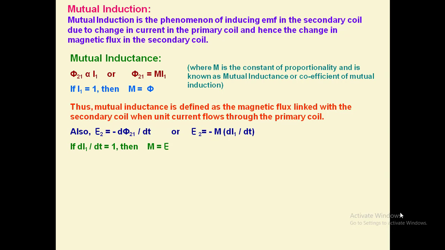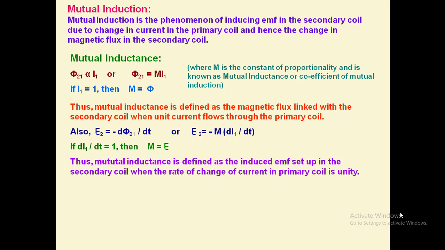If dI1 by dt is equal to 1, then M is equal to E. Again, we can define the mutual inductance as the induced EMF set up in the secondary coil when the rate of change of current in the primary coil is unity. Here dI by dt is nothing but the rate of change of current. So when it is equal to 1, then mutual inductance is nothing but the EMF itself.